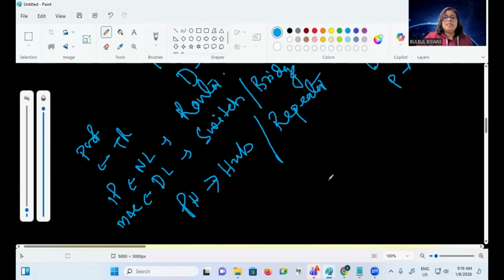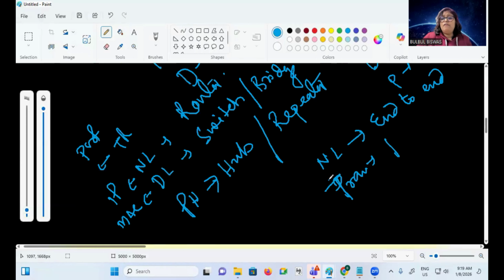In this OSI model, we say the network layer is responsible for end-to-end delivery, that is, one IP to another IP connectivity, whereas the transport layer is responsible for process-to-process delivery. That means under a single IP, multiple processes are there.